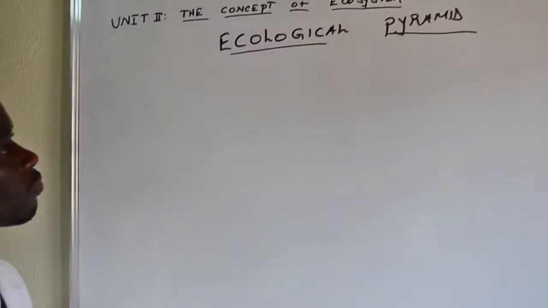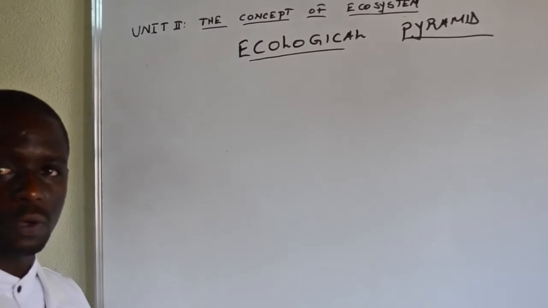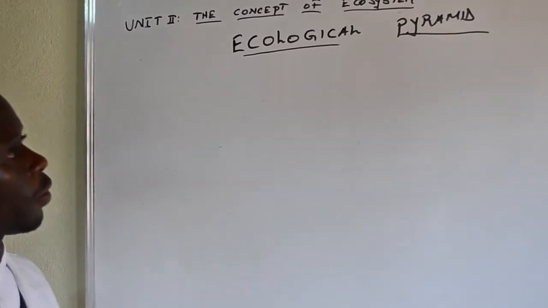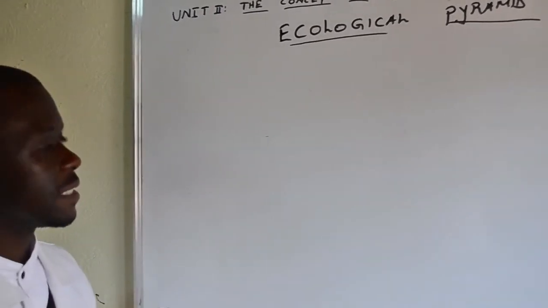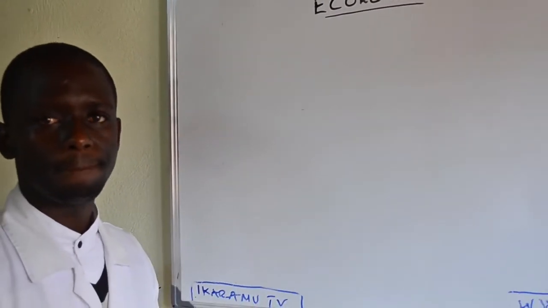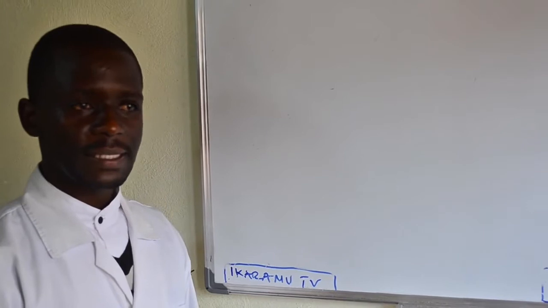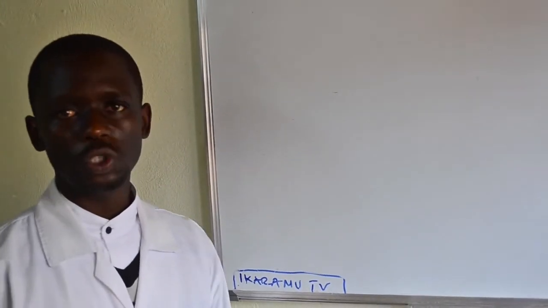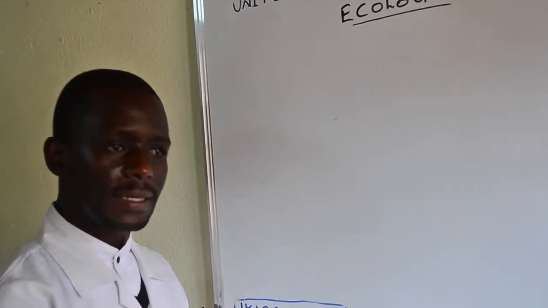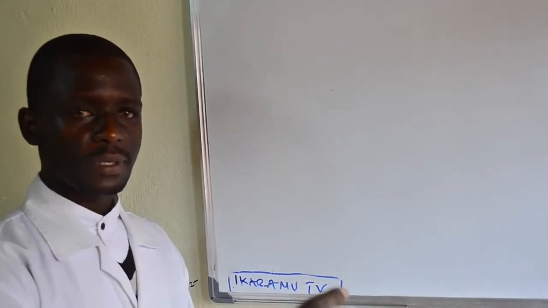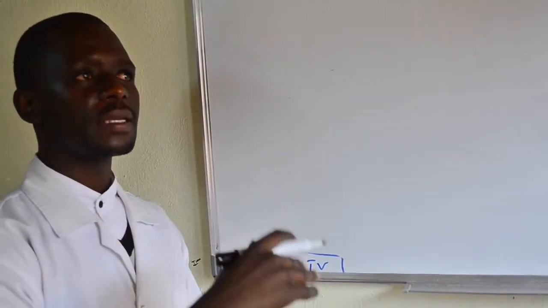Okay, so now we are going to look at what a pyramid is. What is a pyramid? A pyramid is a representation that shows how things proceed with each other.